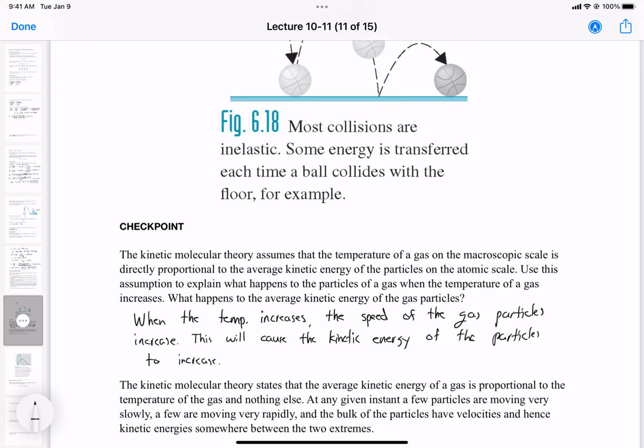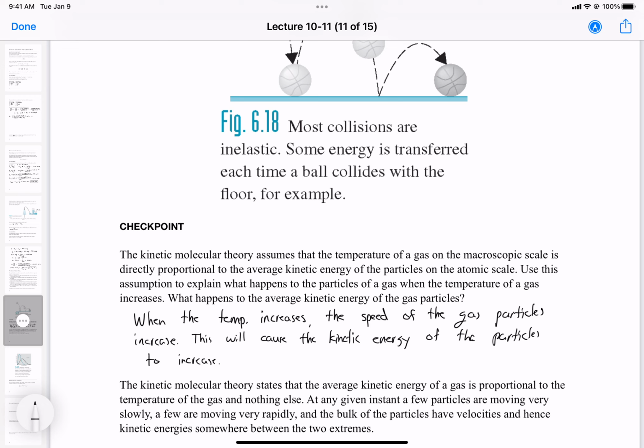And when they do move, they're going to collide and transfer energy, and that transferred energy is what drives the temperature up. So as you raise the temperature, your average kinetic energy is going to increase, and as you take away that energy, eventually the temperature goes down.